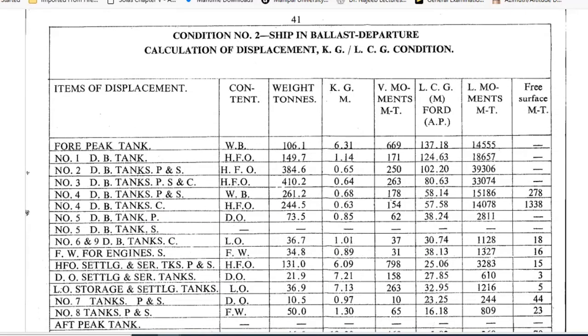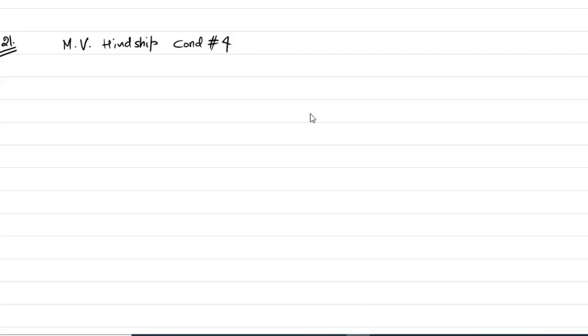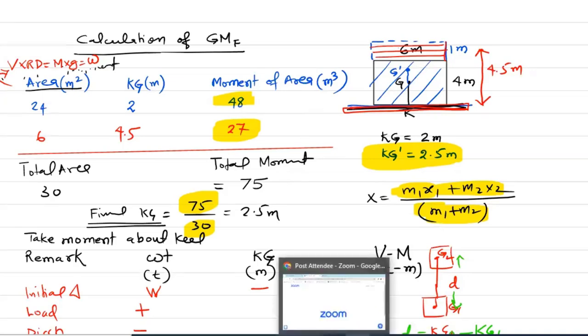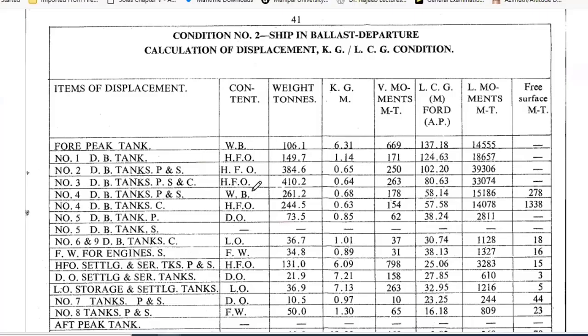Now we have this condition number 2, ship in ballast departure. So ballast में हो गया, we are having the weight, then we are having KG. Then obviously you multiply this, you will get vertical moment. You remember the table here, which I was saying: weight, KG, and vertical moment. Here it is already being calculated.